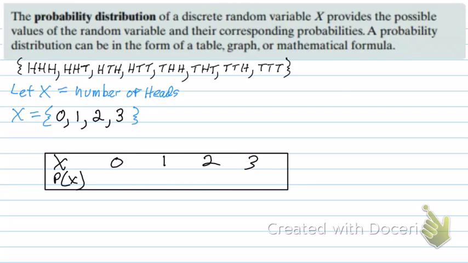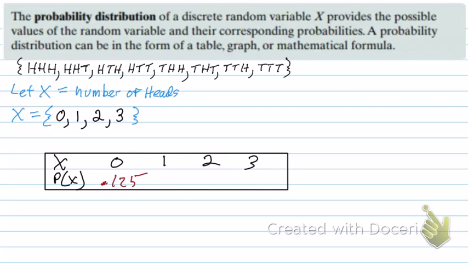So what's the probability of getting 0 heads? 1 out of 8, thank you. And if you want to change that to a decimal, what would it be? 1 out of 8's fine, 1/8, but as a decimal, which is what the book's going to use most of the time, it's just 0.125.